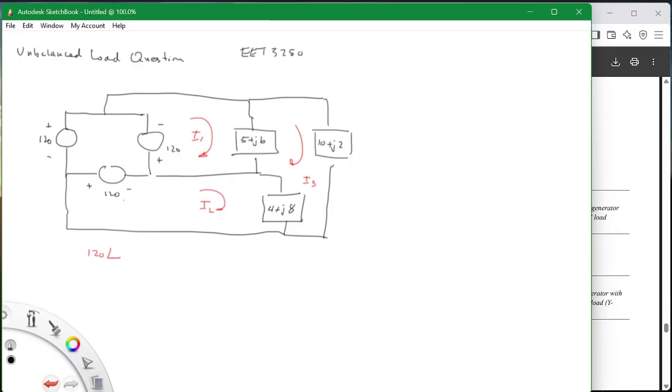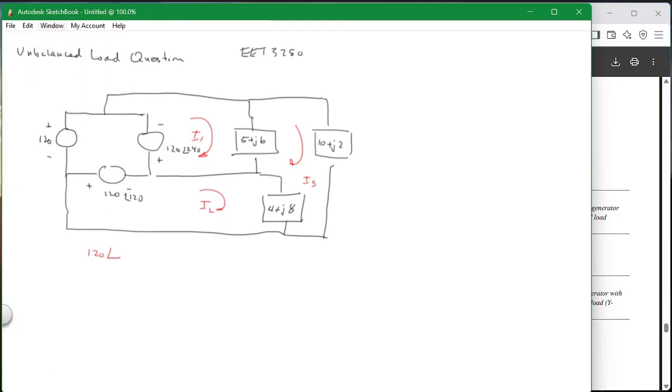This is 120 at 120. This is 120 at 240. So I come in from this side, and I'm just looking at the I1 loop right now.